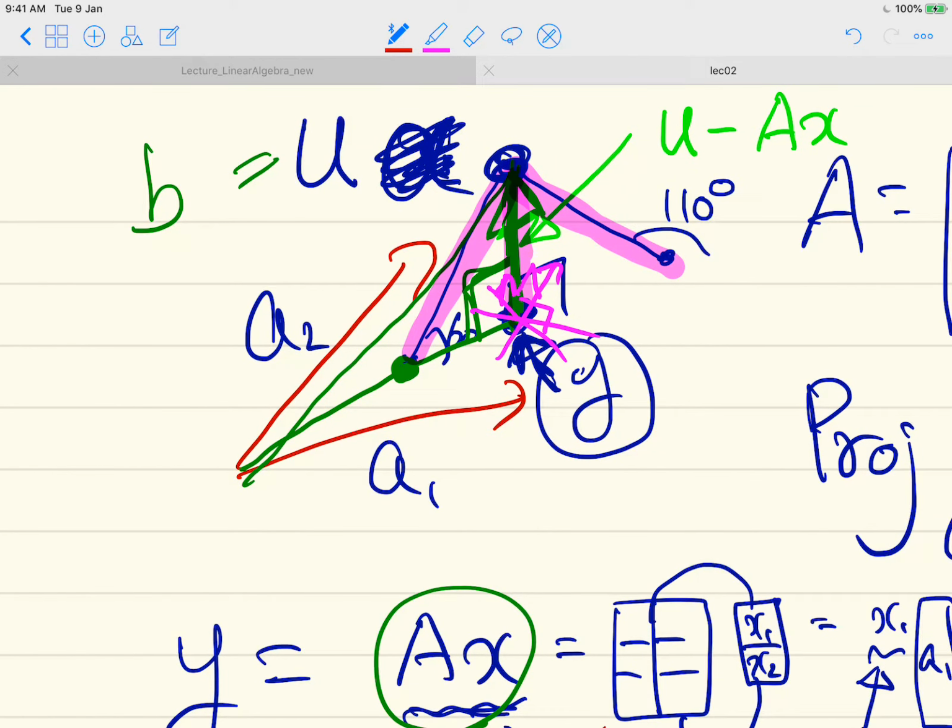So let's think of some special case where the two columns are already orthogonal, or orthonormal, right? And then let's just first think of this.